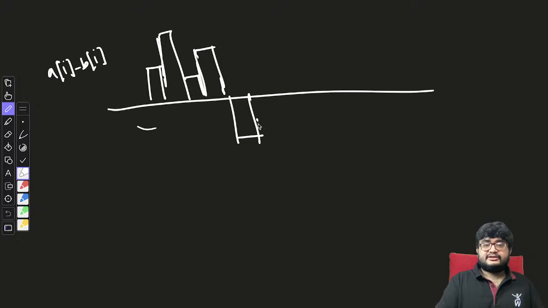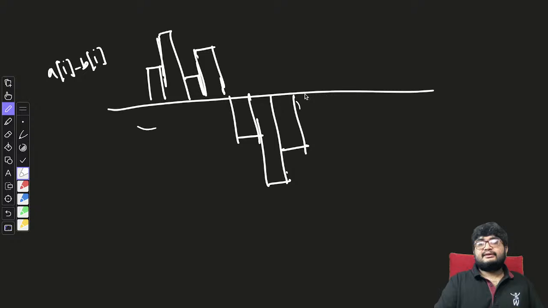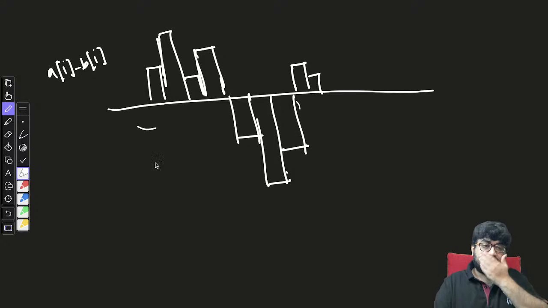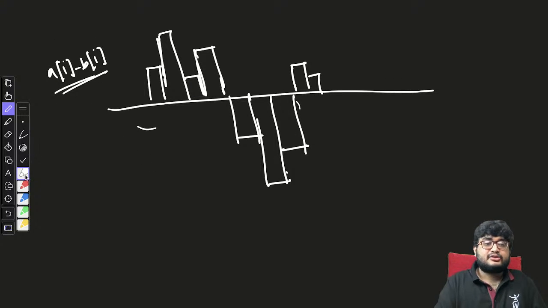So you have this much, you have this much, and you have this much here. Then you have some positives again. So let's say this, and you have this, something like this. So a of i minus b of i, let's assume that we can implement it like a histogram.